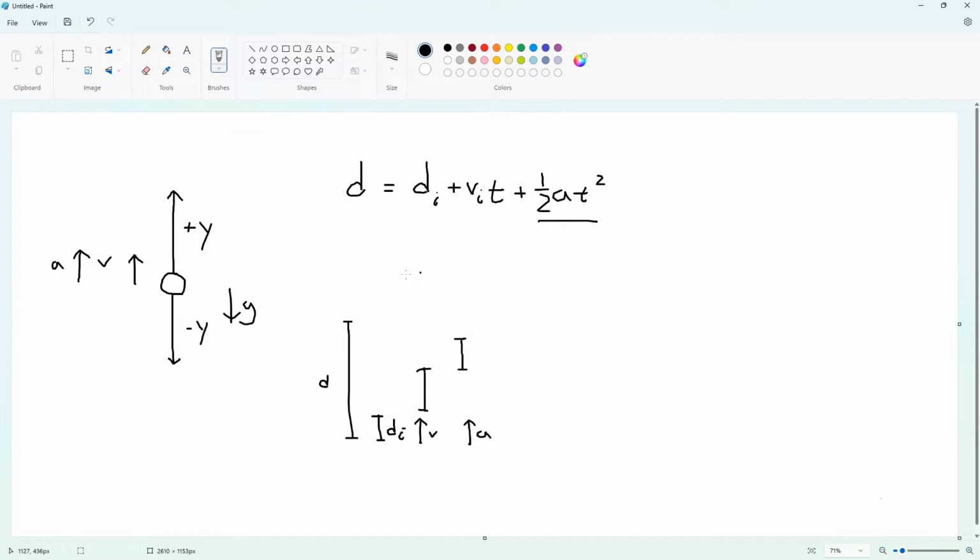For example, if you're in a car and your starting point is 0 and your initial velocity is equal to 10, the distance you covered in 5 seconds is going to be equal to 50. Assuming this is meters per second, and this is seconds, we're going to cover 50 meters.